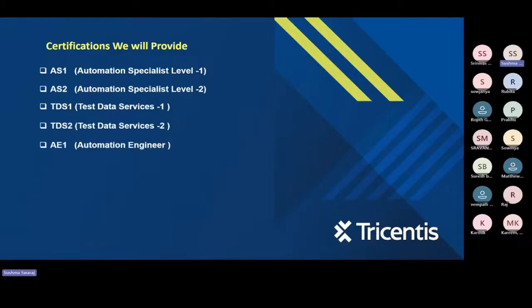And then the last one will be AE1 Automation Engineer. These 5 certifications you have to complete after the session gets over. You will be capable enough to crack all these certifications in the first attempt if you follow all the practices we are doing and complete whatever assignments we provide to you.